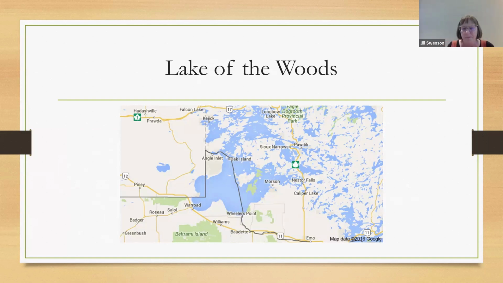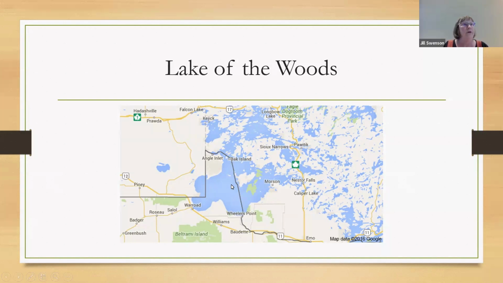If you're looking at the map, let's see if I can use my arrow. Yes, does that work? Yes. So Warroad here is on the Minnesota side. This is the Canadian border. This is that little chimney at the top of Minnesota. You may not recognize, but most of that is water. And the Canadian border crosses here.